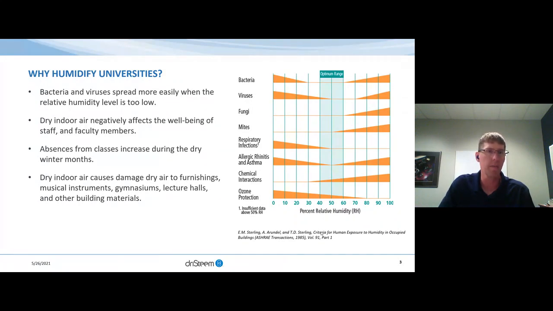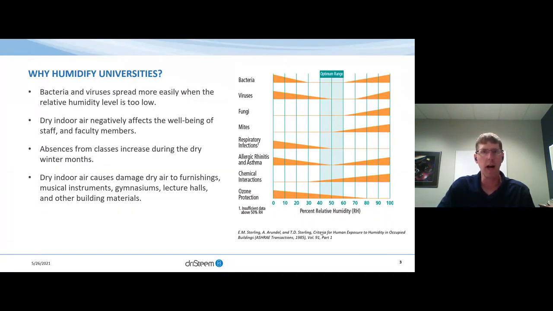and faculty. One of the common references that we refer to with humidification is the Sterling chart, and you'll see it on your right. And what you'll see is the thickness of the bar. The thicker the bar, the more favorable it is towards that specific substance. So bacteria and viruses tend to thrive in lower relative humidity or higher relative humidity.